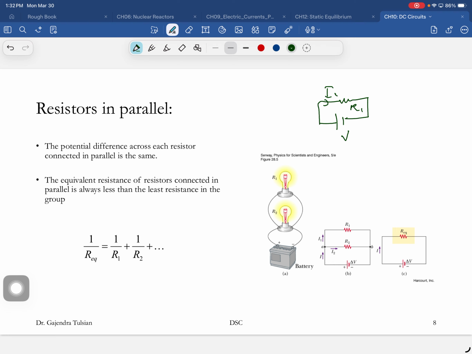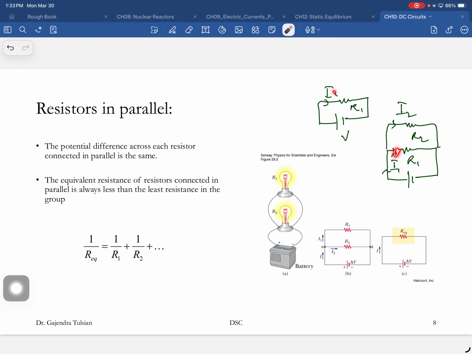The equivalent resistance is always smaller than the smallest resistor. So coming back to this, if you want to make a bigger resistance, you connect them in series. If you want to make a smaller resistance, you connect them in parallel. That's how you combine resistors.